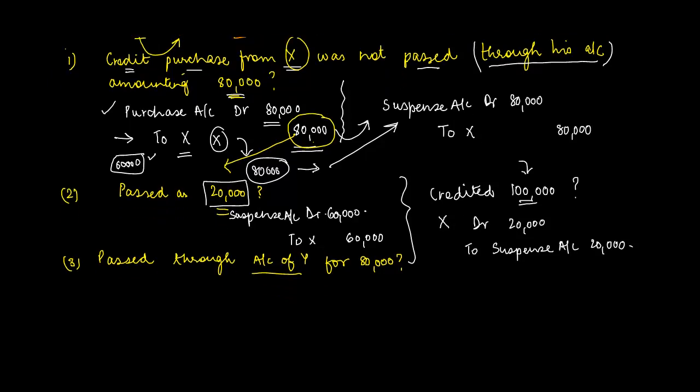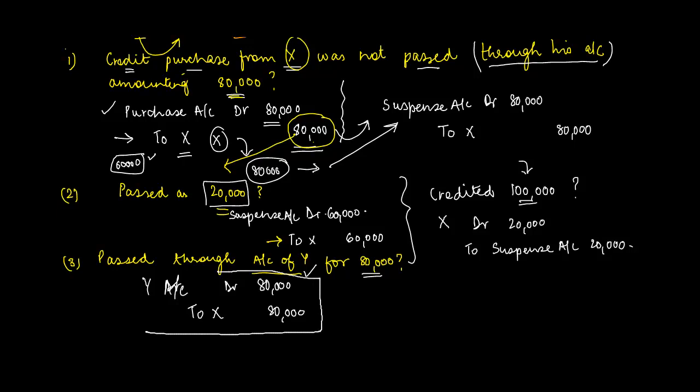Now X was supposed to be credited by 80,000, which is the correct entry. So we will credit him by 80,000, right? But what has happened is that instead of X, we had credited Y for 80,000. So to Y's account, we have a credit of 80,000, which is incorrect. So to rectify that also, we will debit Y account by 80,000. Right?